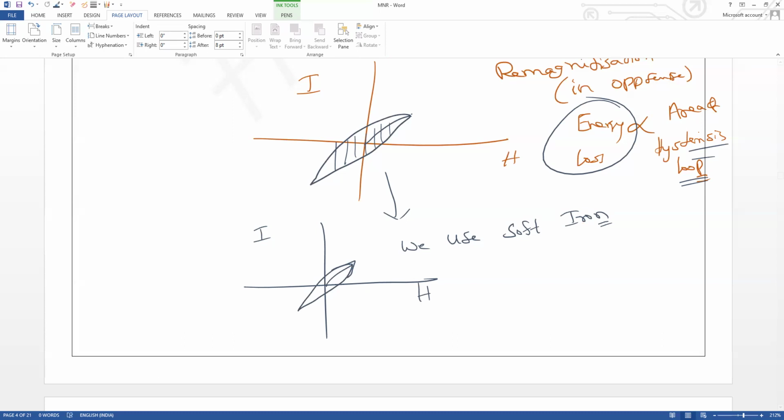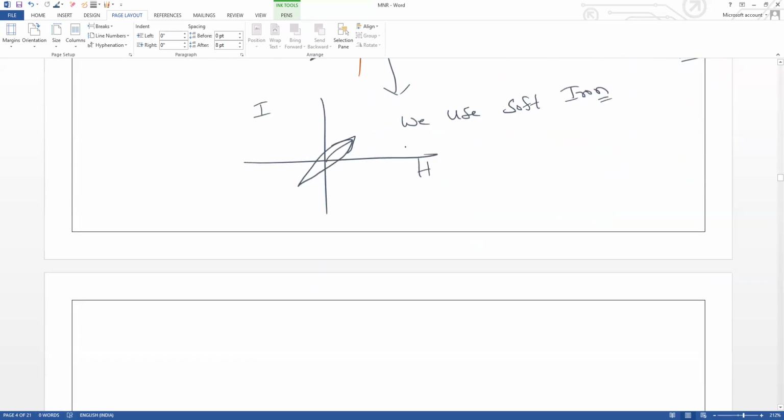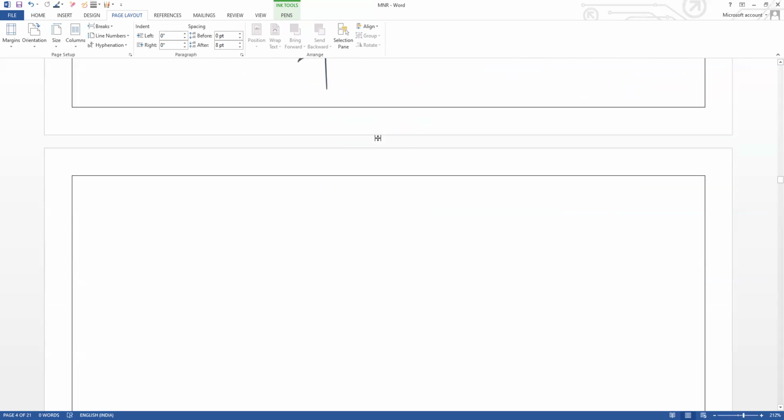When the area of the hysteresis loop decreases, energy loss also decreases. That is what you have to remember.